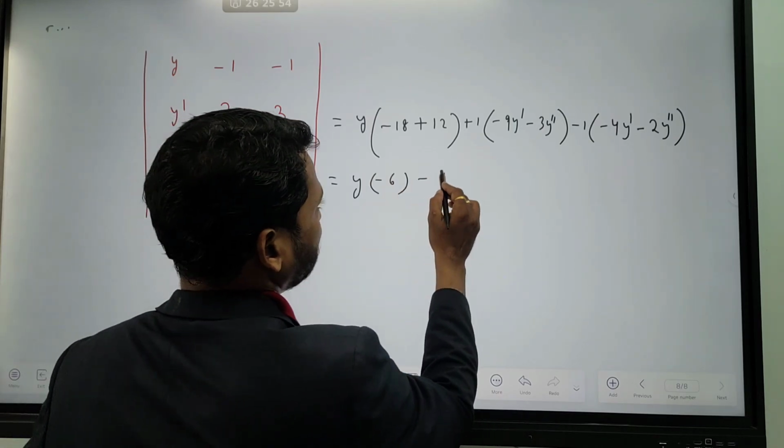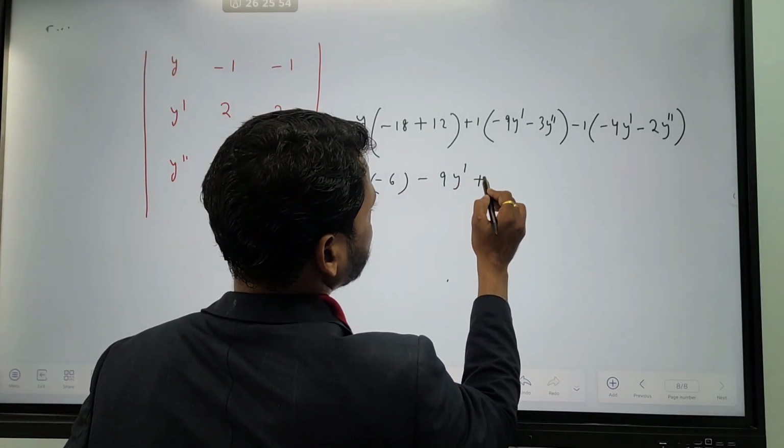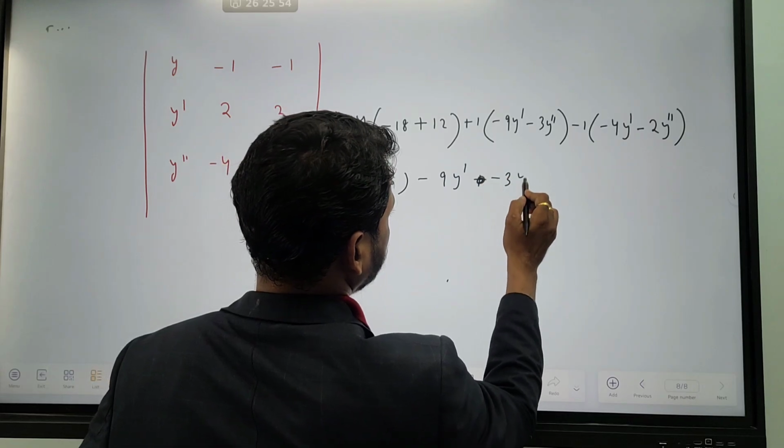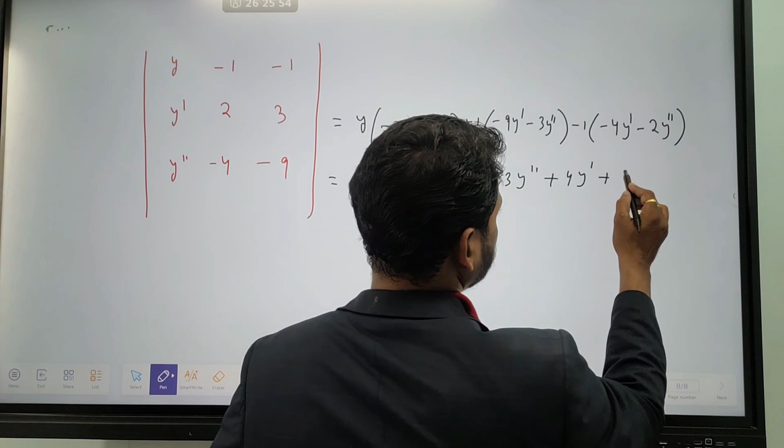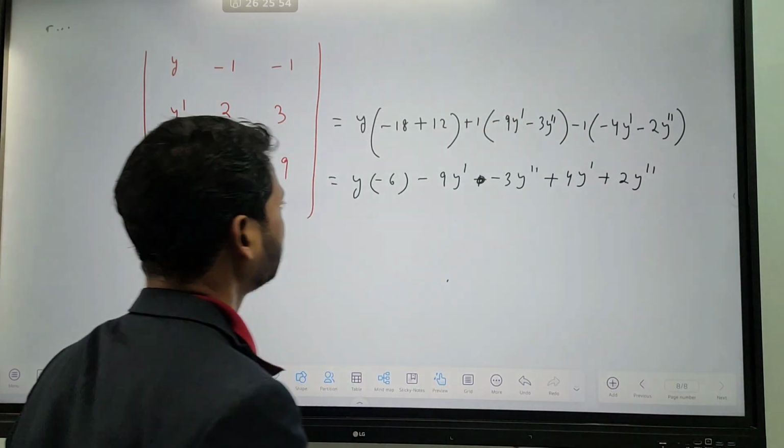Now this will be minus 9y dash minus 3y double dash, and plus 4y dash plus 2y double dash.